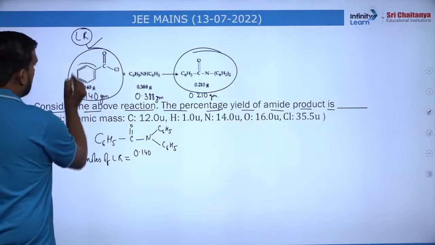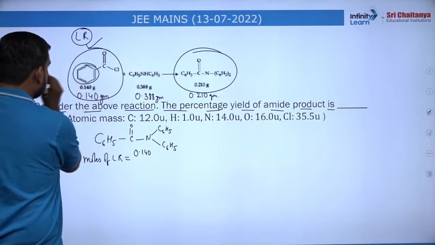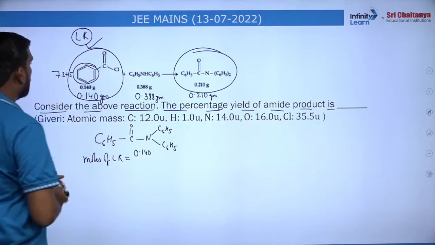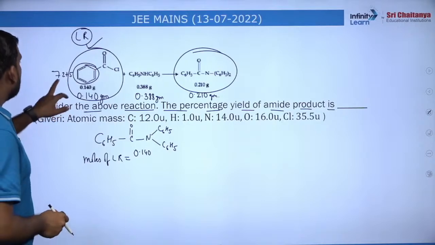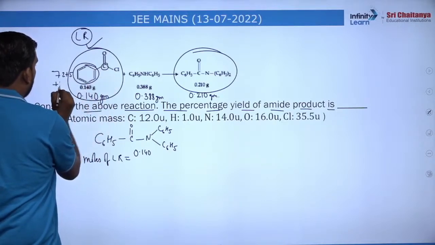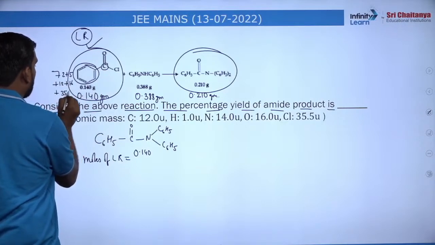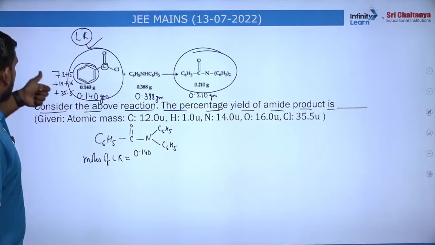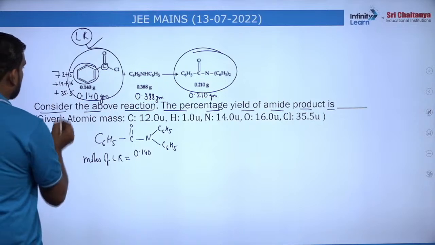So this portion: 72 for carbon, 6 carbons are there and 5 of them are hydrogen, then one more carbon, so 12 will be more. Okay, then one more oxygen, that is 16, then 35.5 for the chlorine. So the total value will be, let's try to calculate it.